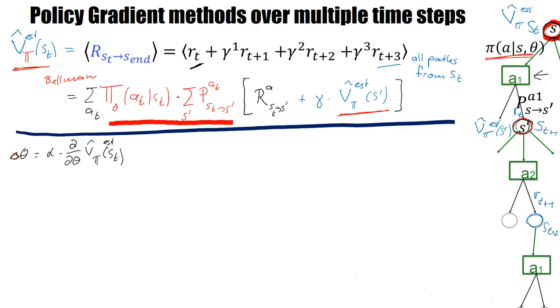Okay, let's do this. So I have alpha times, and then I copy here the different actions, the sum over the actions that I can take in time step t, and now I use the log likelihood trick.